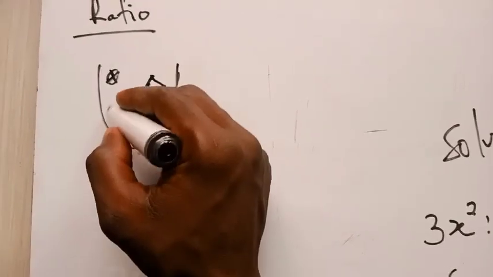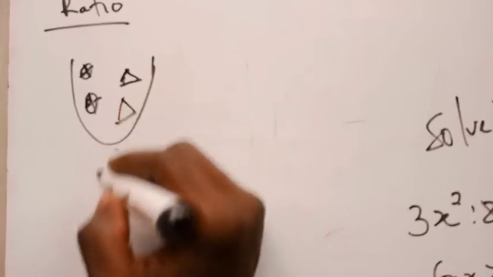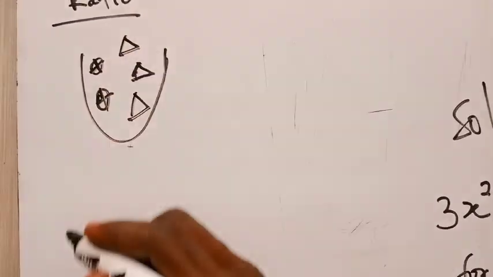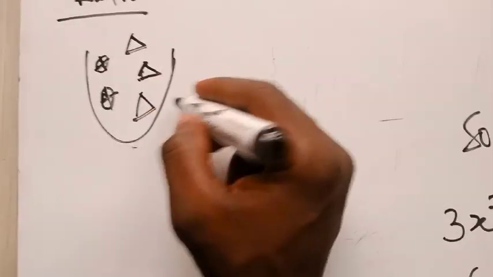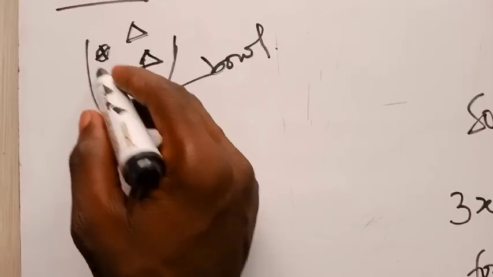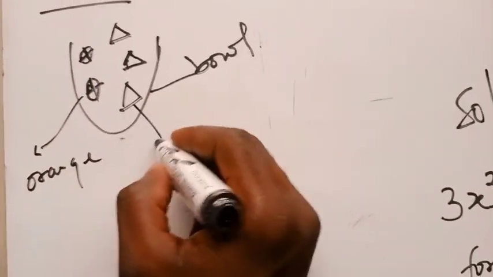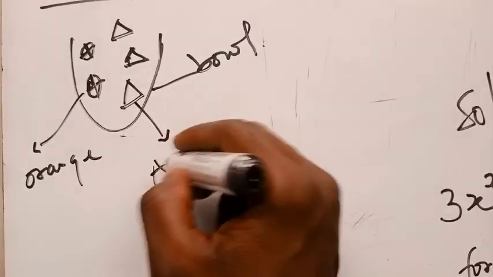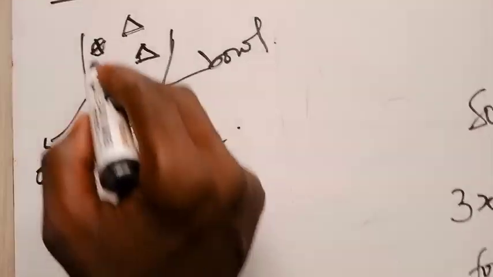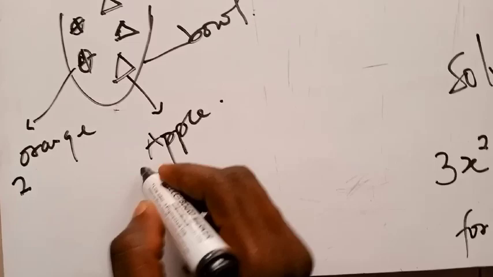So this is a bowl, and this bowl has, let's say this is an orange, and this one will be maybe an apple, right? So a bowl contains two oranges, and then three apples. So this is two, and then three of this.